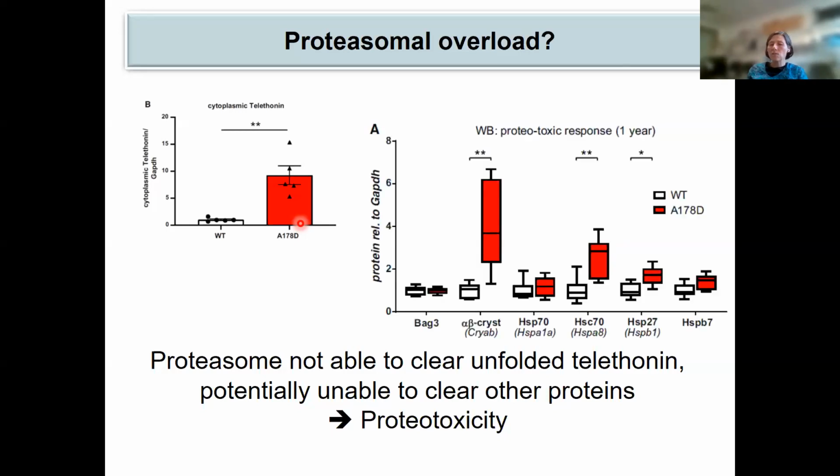And that can then lead to accumulation of proteins and to what is called a proteotoxic response. And indeed, here as an example for 1-year-old mice, there is induction of heat shock proteins and BAG3-related proteins. So there is indication of a proteotoxic response.